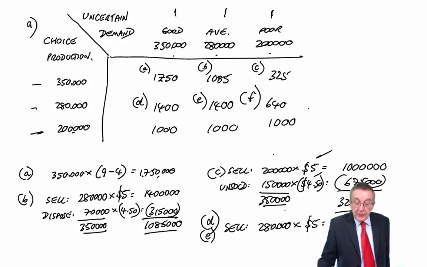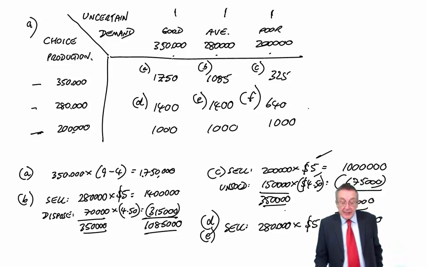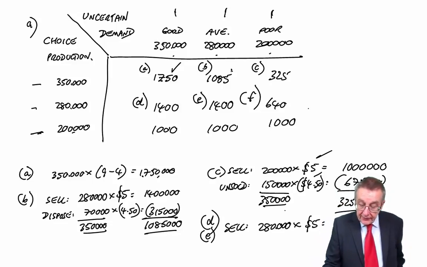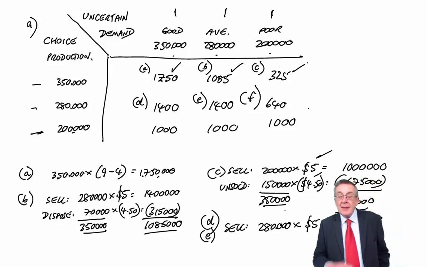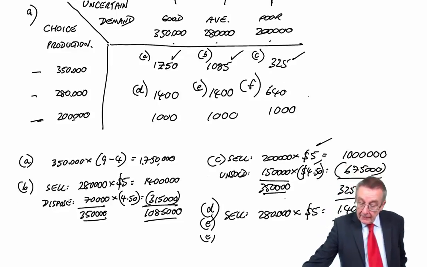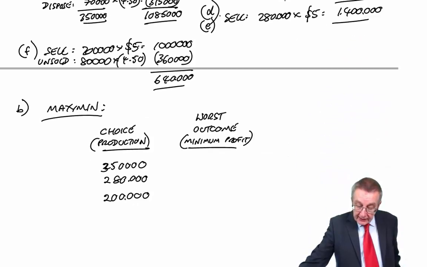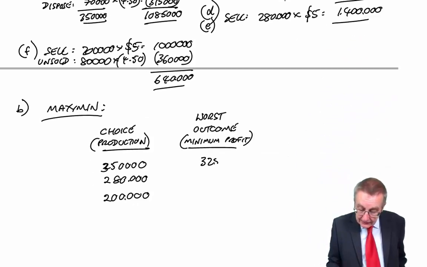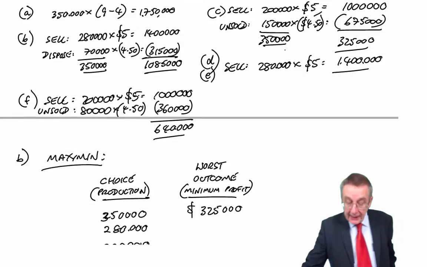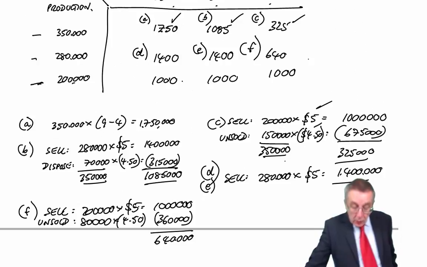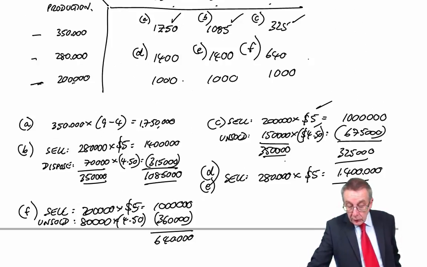So if we go for 350,000 bags, the profit is either going to be 1750, 1085 or 325. The worst possible outcome is 325, the minimum. Similarly, if we chose 280, the worst outcome, well, it's either 1400 or 640.